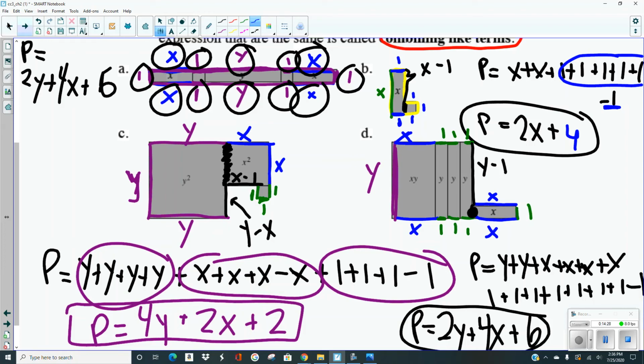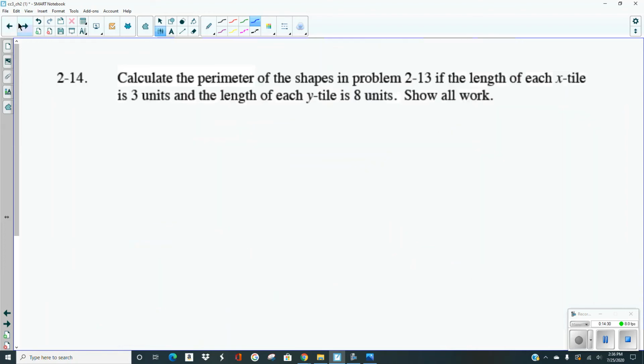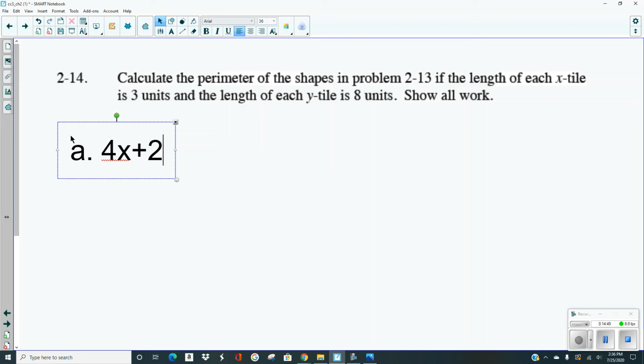Okay, so now let's take a look at problem 2-14. Go ahead and read this problem. And to best set up this problem, you are going to write what we got for a simplified expression from the previous page.